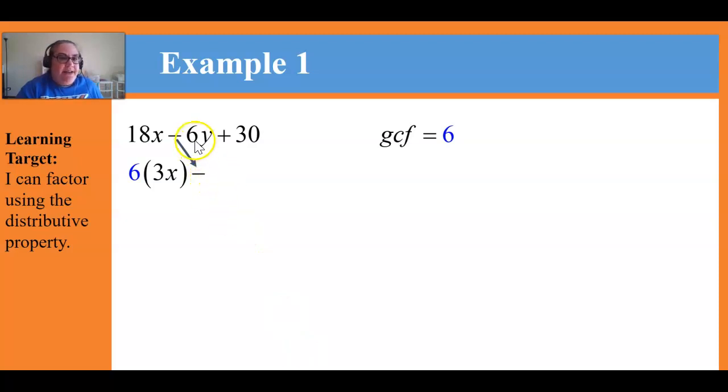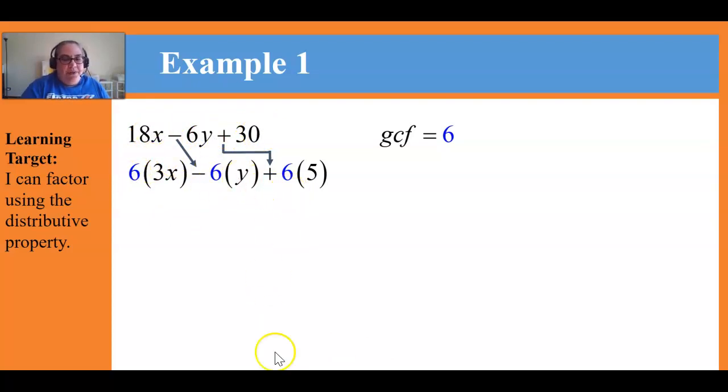Then I think about the next term. What do I multiply by 6 to turn it into 6y? And that would be y. So 6 times y equals 6y. Bring down the addition. What do you multiply by 6 to turn it into 30? That would be 5. So here I've just rewritten each of those terms so that I can see 6 as a factor.